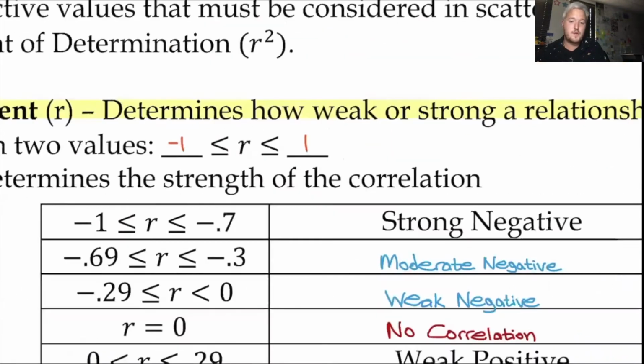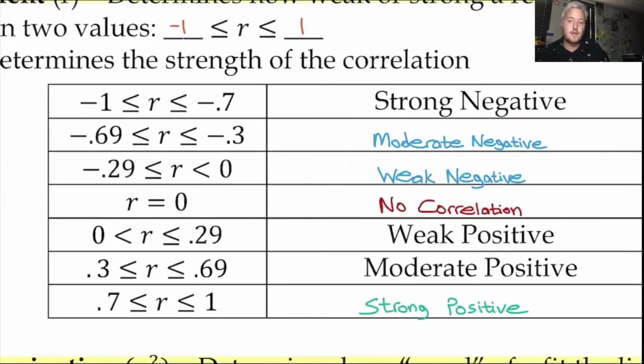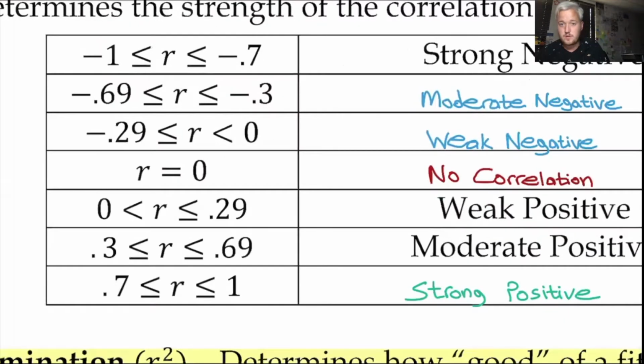These are just some examples of what could be considered a strong, a negative, or a no correlation. A lot of different data sources will tell you what considers a moderate, what considers a weak, and it may be that something else may be better.